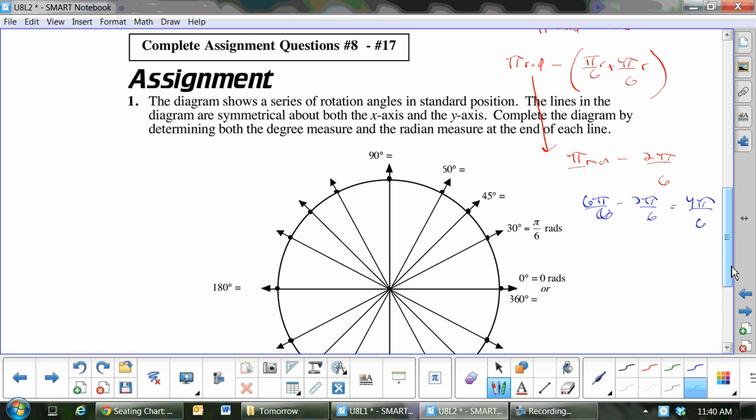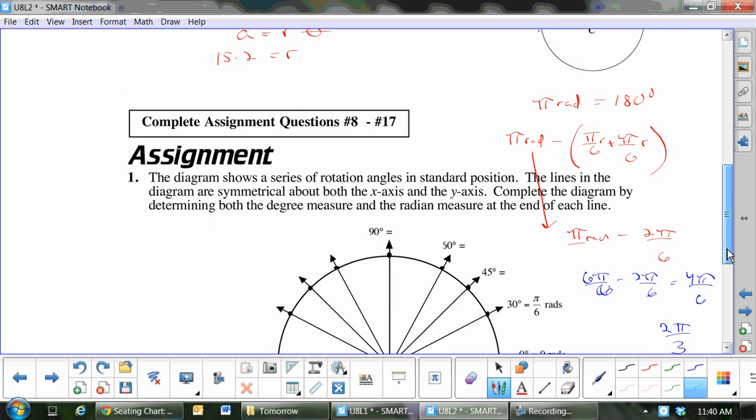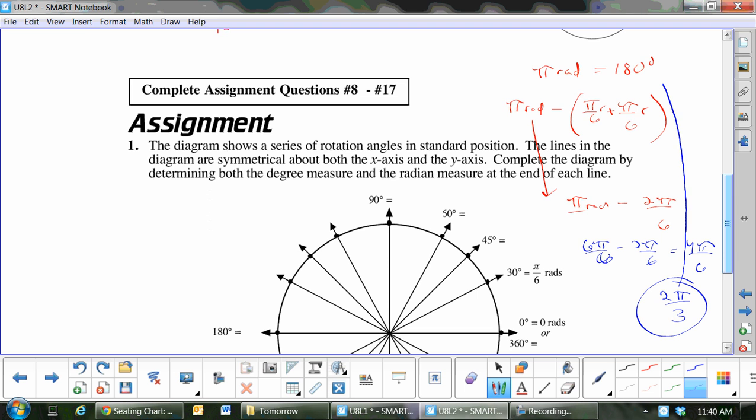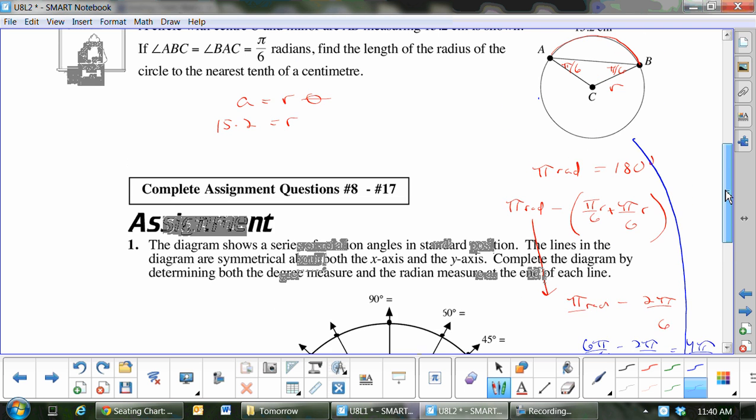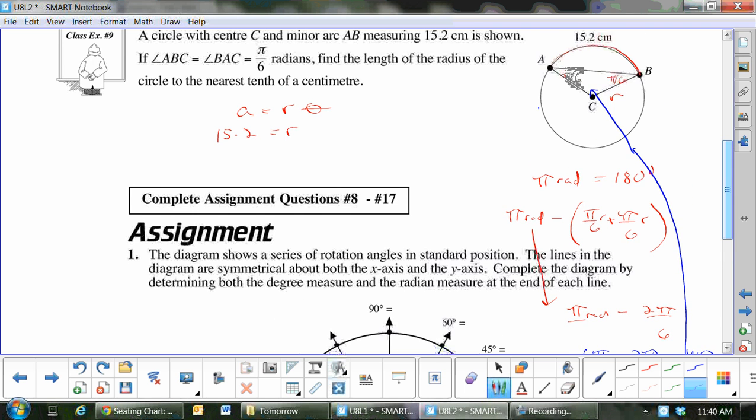Now 4 pi over 6 is not on your unit circle, but I guarantee 2 pi over 3 is. So 2 pi over 3 radians is my central angle, right? So now I'm able to do this, because that would be 2 pi over 3.